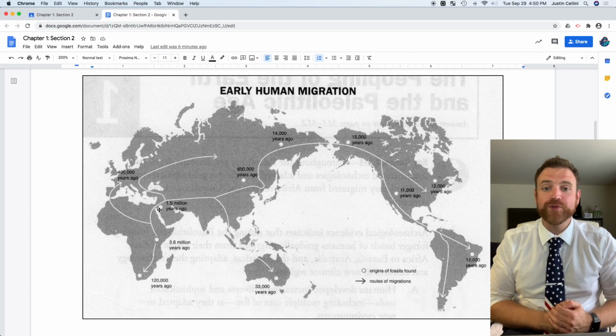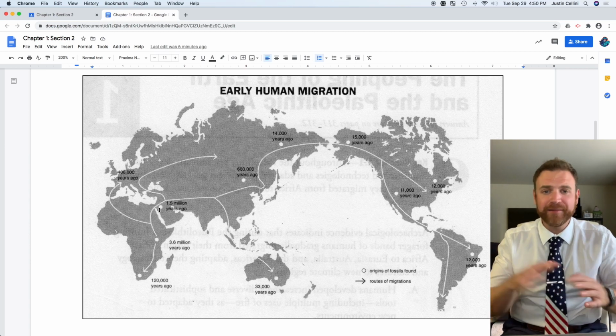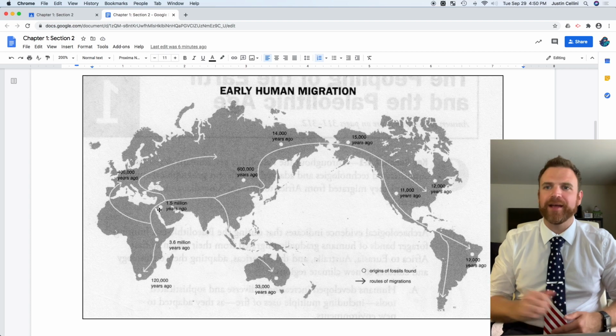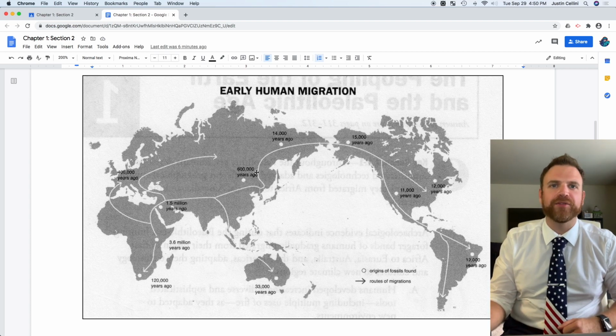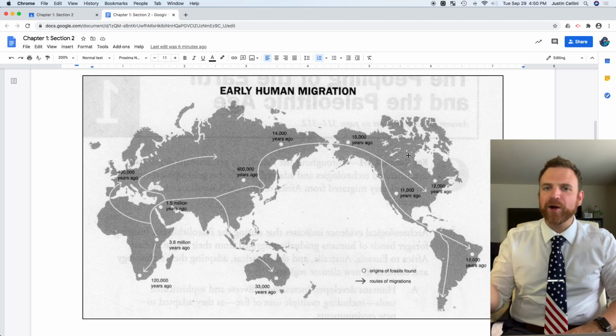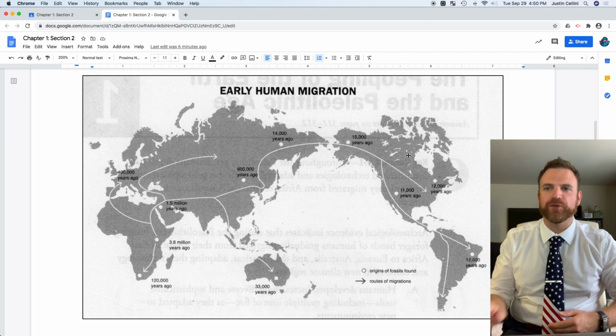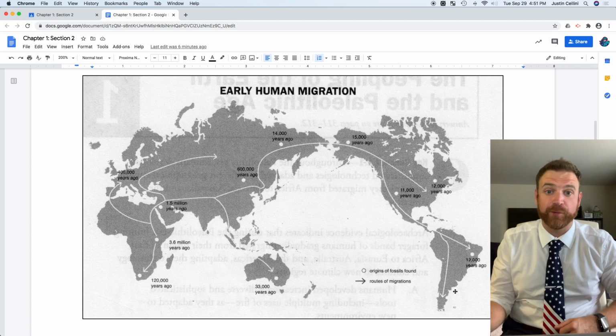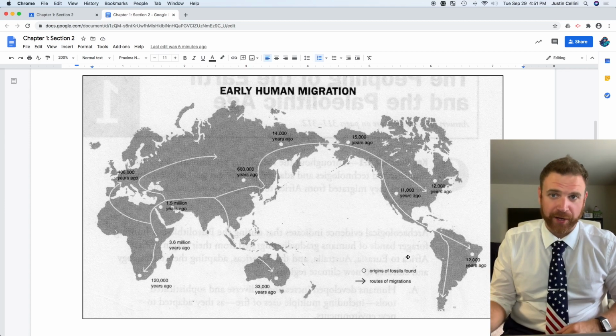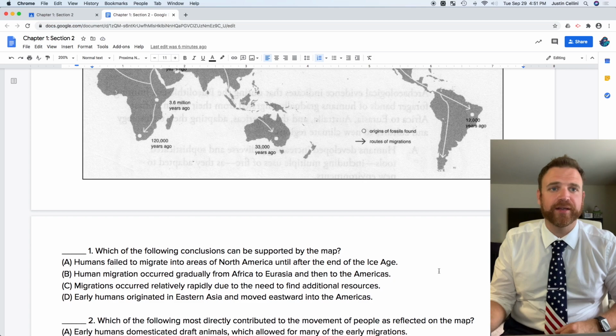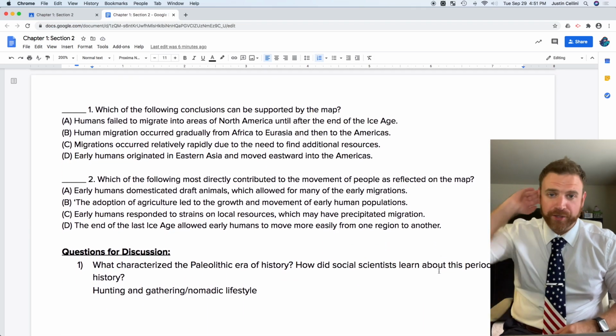Okay, so that took a really long time to get that done. But then migration accelerated, okay? 600,000 years ago, 14,000 years ago. But it's still gradual. We're talking thousands and thousands of years until humans arrive in what you'd call Brazil today, 12,000 years ago.